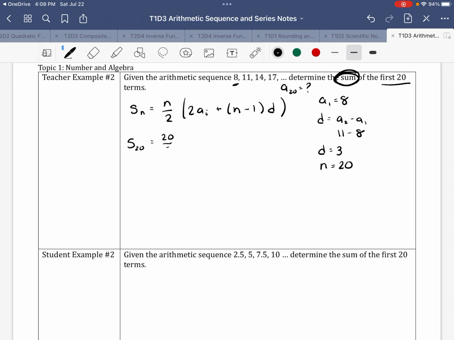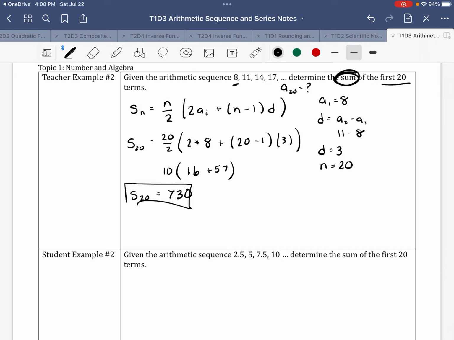So I have 20 terms divided by 2, times 2 times my first term, 8, plus 20 minus 1 times my common difference of 3. And then I'm going to go ahead and evaluate that. I end up with 10 times 16 plus 57. S of 20 equals 730. Try student example number 2 on your own.